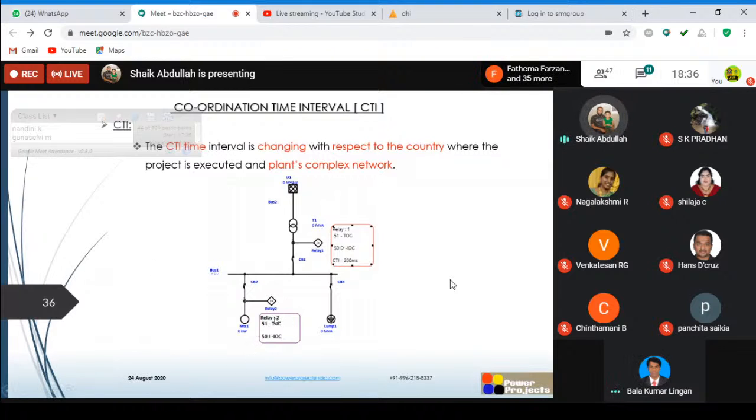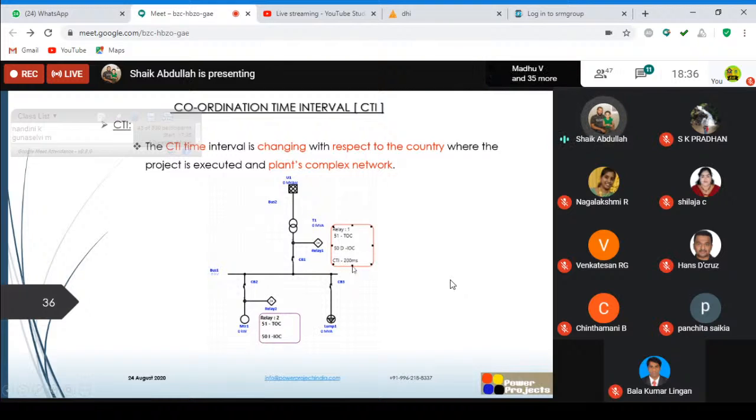Okay, so this is at the load end. We are not giving any intentional time delay because we are using instantaneous; you have to clear the fault immediately. But when you are going from one stage to another in the bus, from downstream to upstream relay, you have to give a coordination time interval between these two relays. The minimum required by the standard is 200 milliseconds for numerical relays.